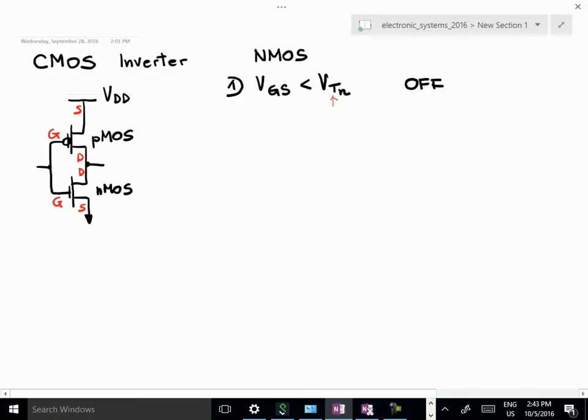Let me put some notes. This is the threshold voltage of the NMOS. This N index means that we are discussing an NMOS, and the T stands for threshold.